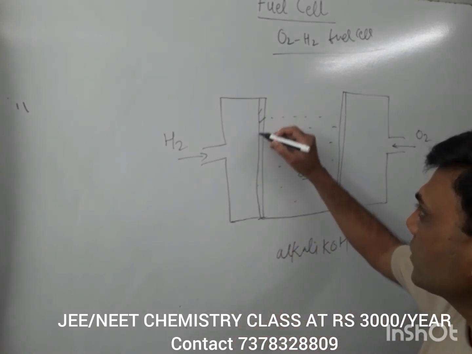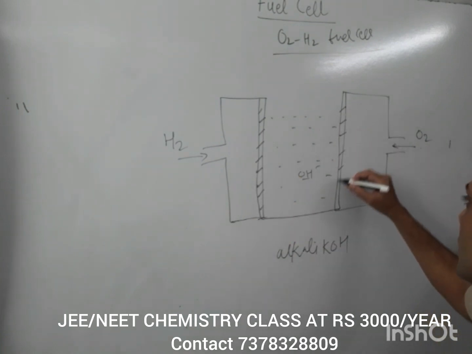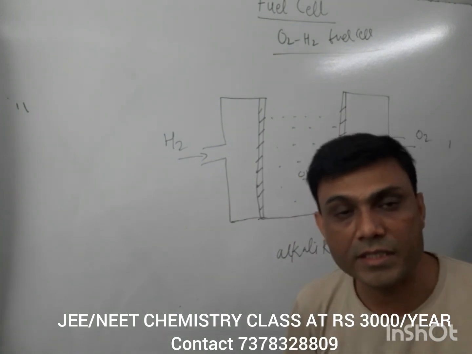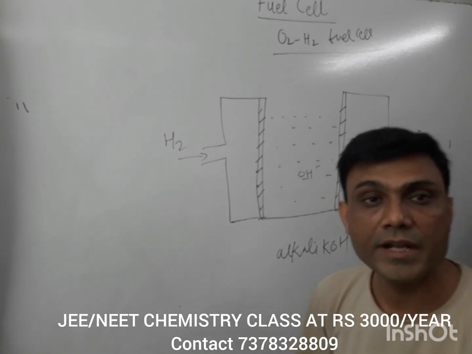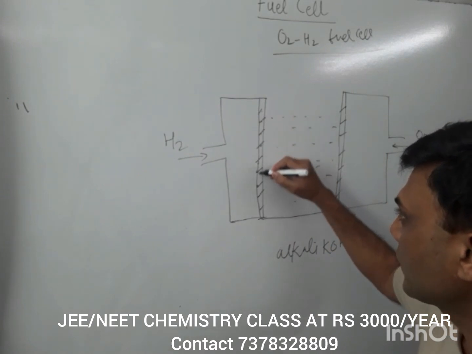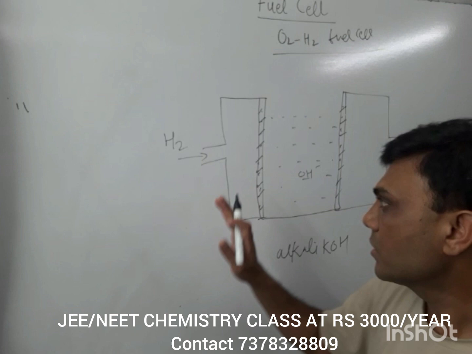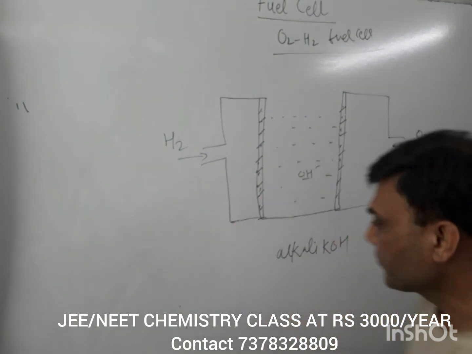And this electrode is a carbon electrode. This is a carbon electrode where a finely divided platinum catalyst is embedded. This is porous, so that our hydrogen easily percolates through this to the electrolyte.